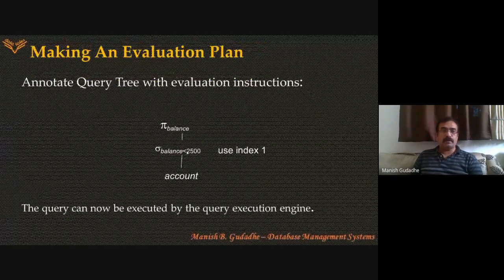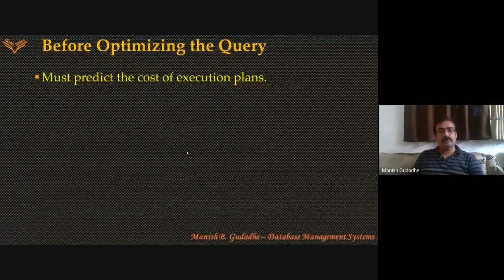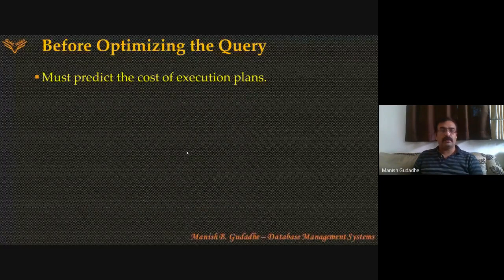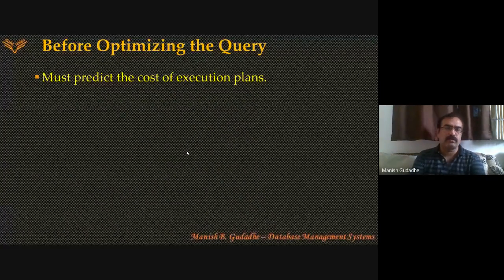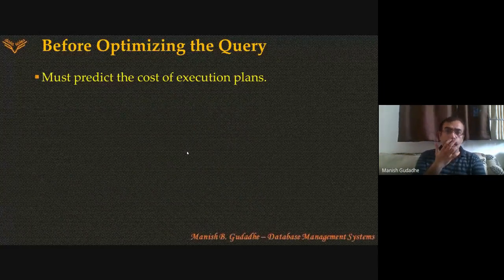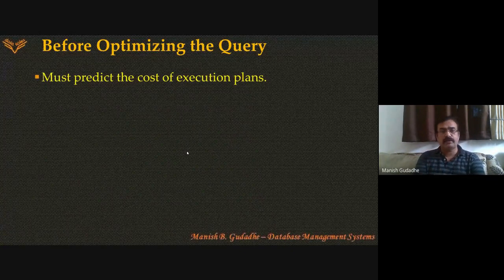Now, when you try to optimize a query, there are a few things you'll have to definitely take into consideration. You must predict the cost of the execution plan. What may this cost include? What do you mean by cost of execution plan? Cost of executing a query.